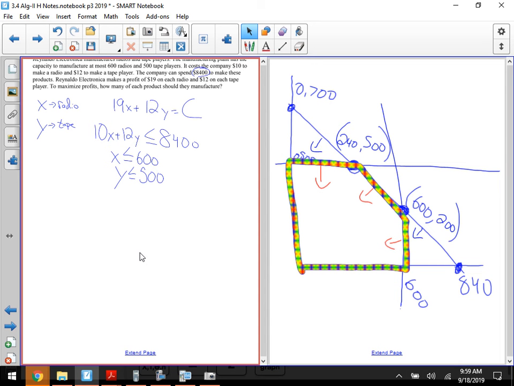Anyway, so now we have our ordered pairs to test. We had 0, 500, 240, 500, 600, 200, and 600, 0.